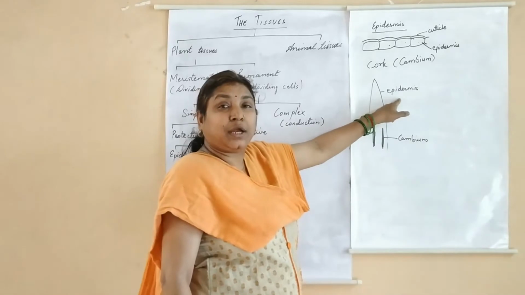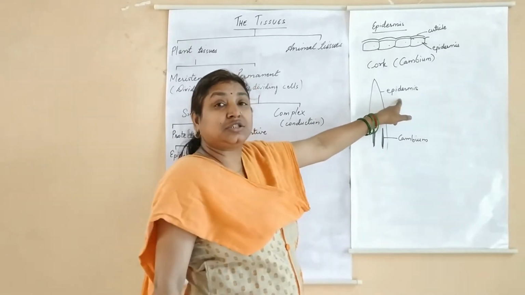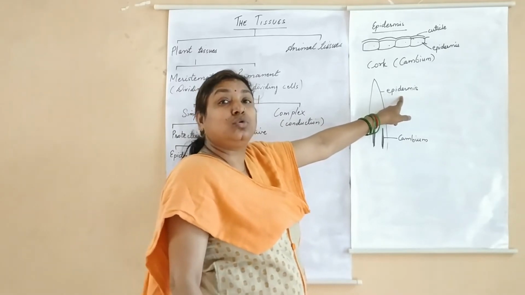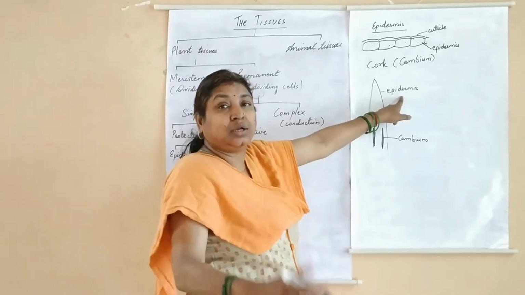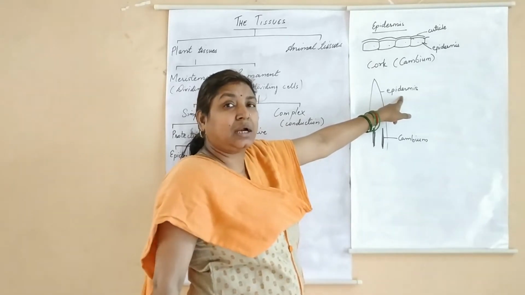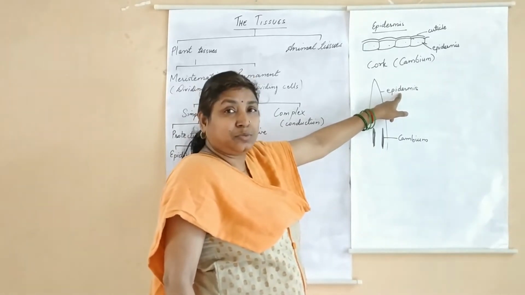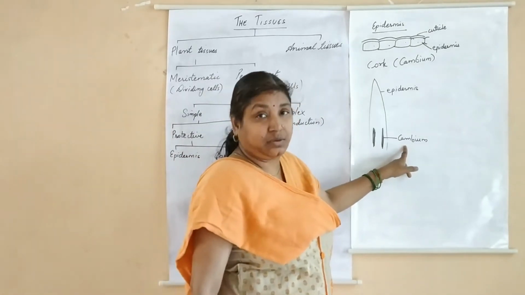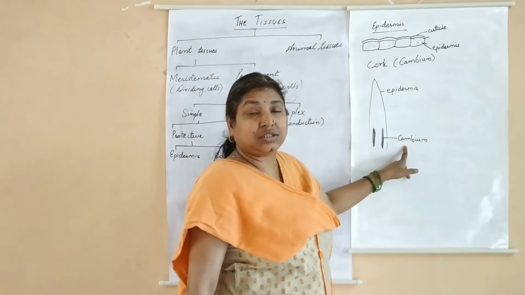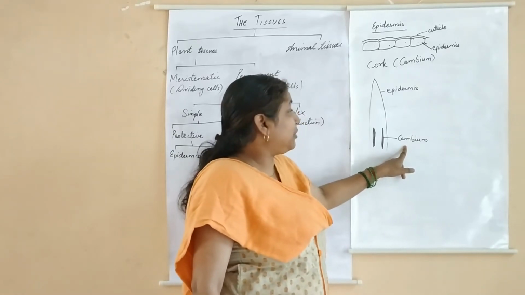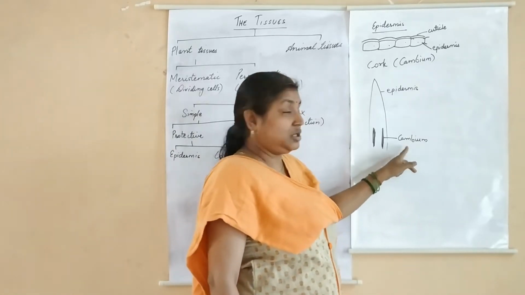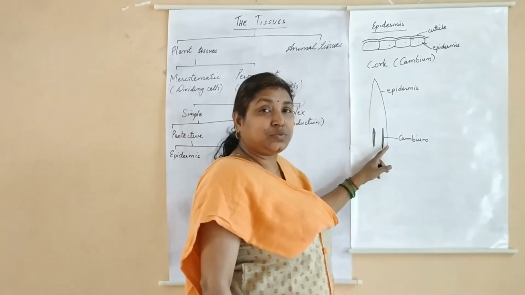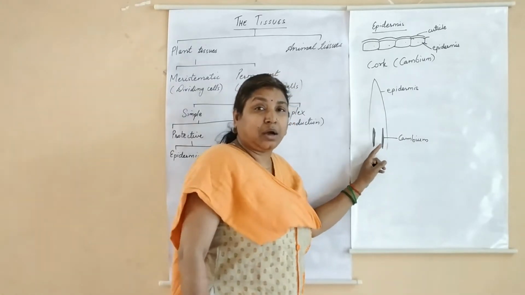Epidermis provides protection in the initial stages during primary growth, generally when the plant is under 1 year old. But as the plants become woody, they lose their green structure. Secondary growth takes place and you have cambium protecting them. This cambium provides protection to the entire bark of the tree.